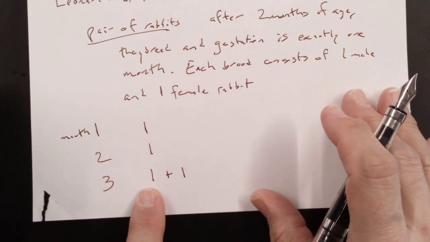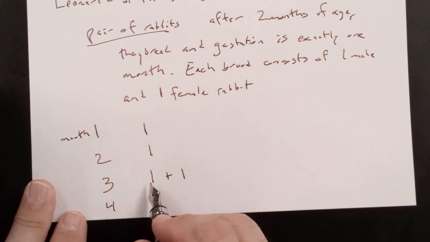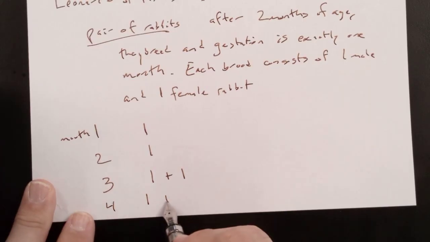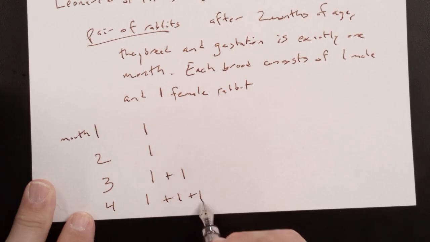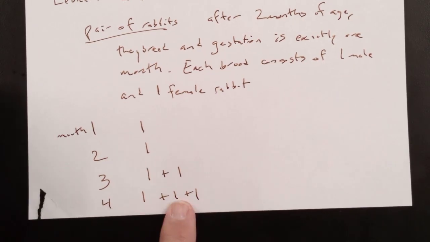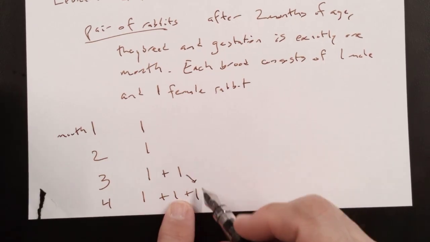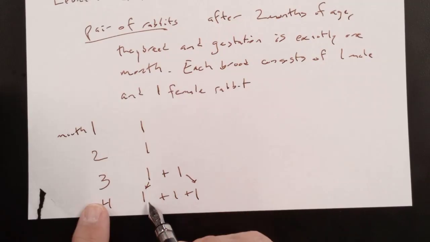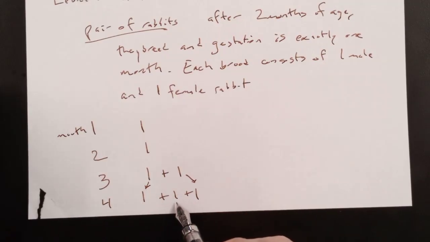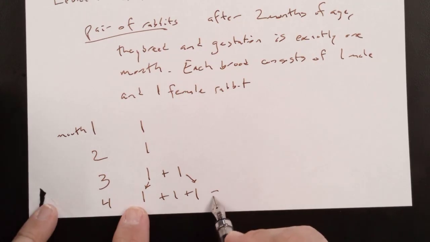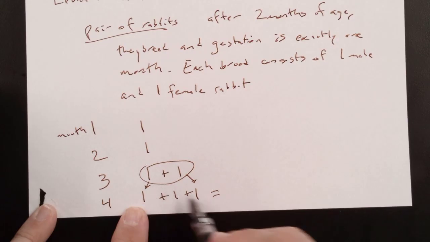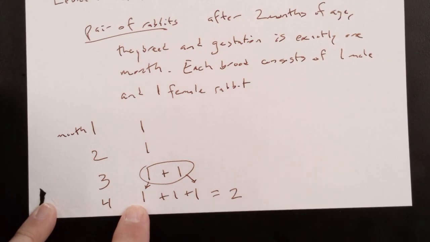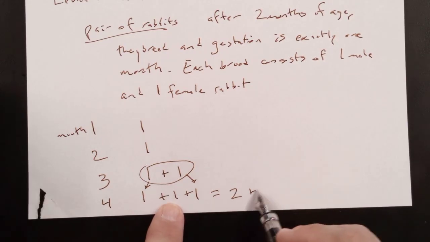And at the end of a month, that pair gives birth to another pair. This one just carried down, this one just carried down, and this is my new pair. But if you think about it, these two rabbits didn't change, and this one got added.